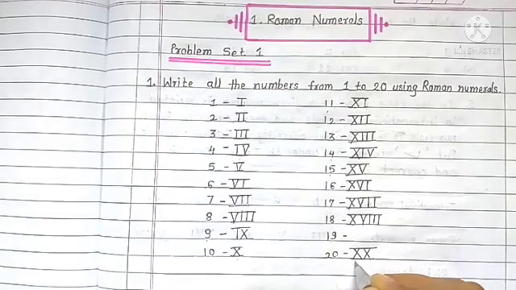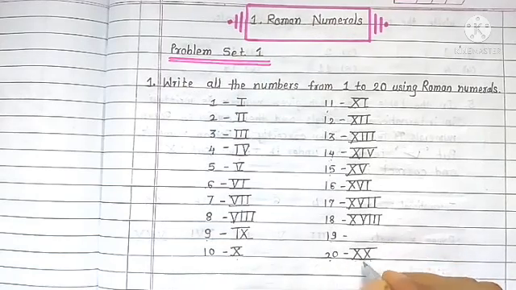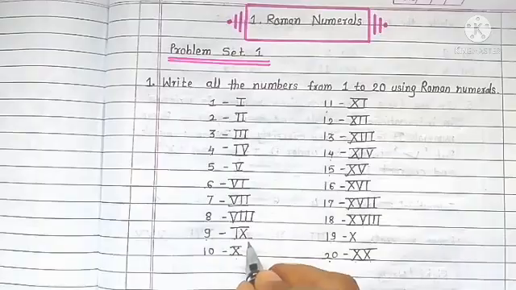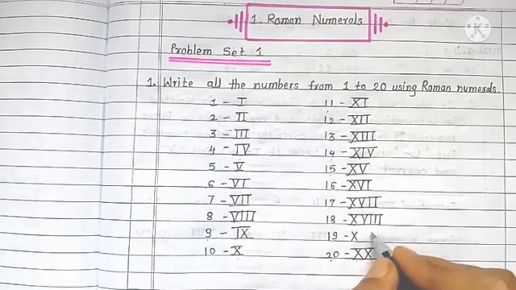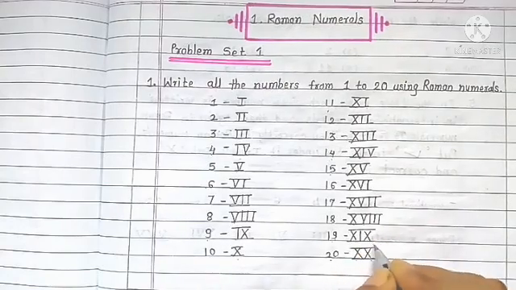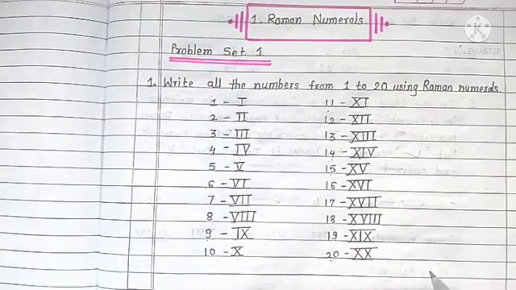X plus X means 10 plus 10, 20, XX. And for 19 means 10 plus 9. For 9 we use IX. So write here XIX. You get the Roman numeral for 19.